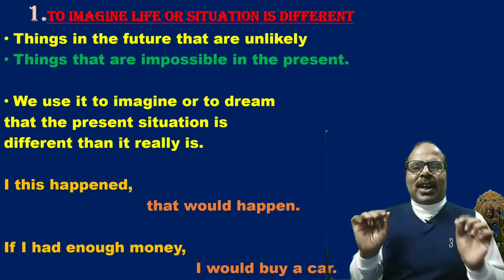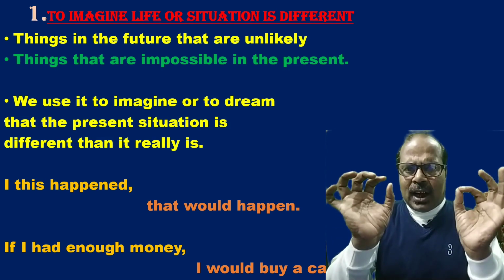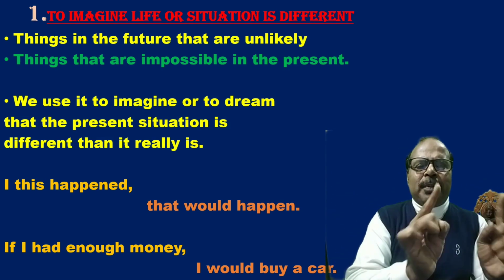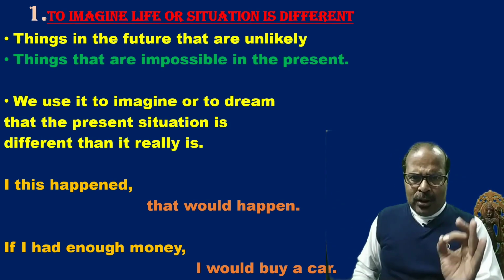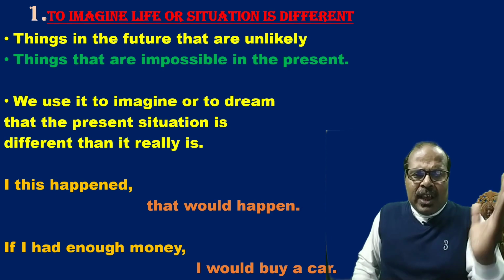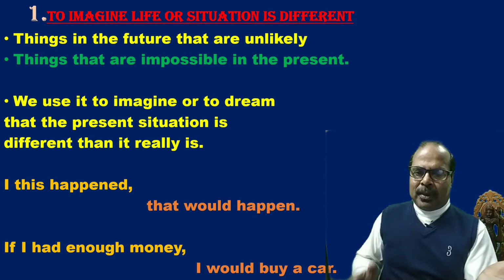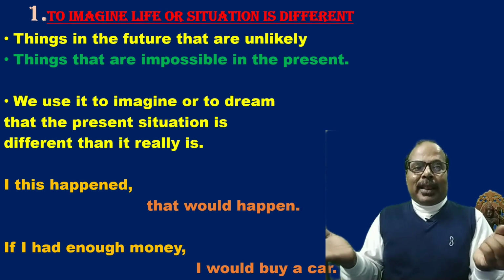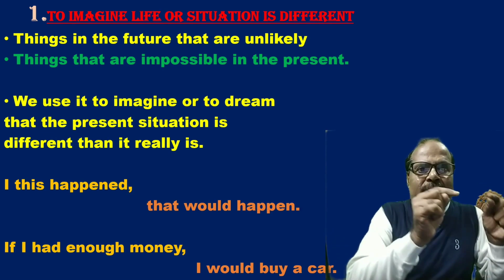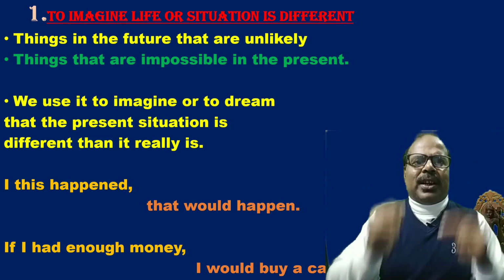So what is the structure? You know that in conditional sentence there must be a conditional clause and a result clause. So the conditional clause is, if this happened, that would happen. That means if this happened, this is the condition.